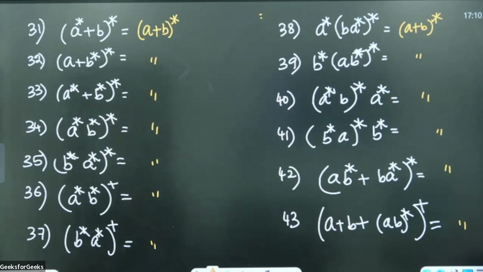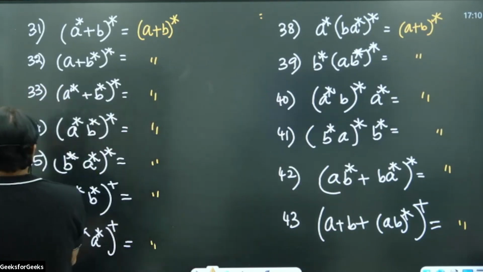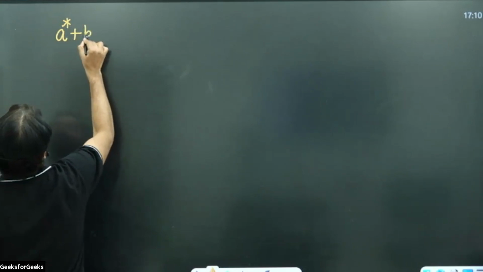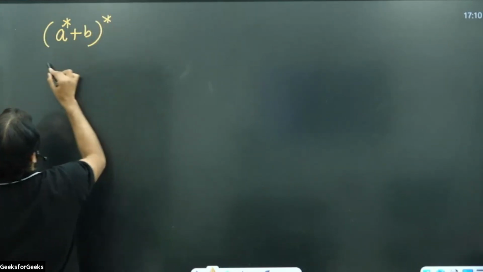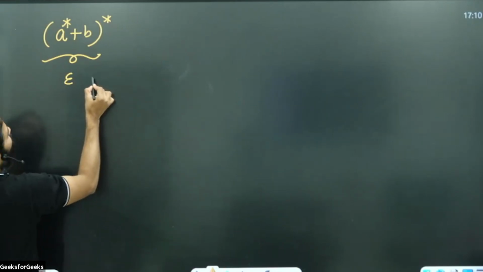We just have to prove every string is there. One by one. Explain 31. 31 was just explained, right? Oh, 31. After explaining, you still have a doubt. A star plus B, whole star. Can I generate epsilon? How?